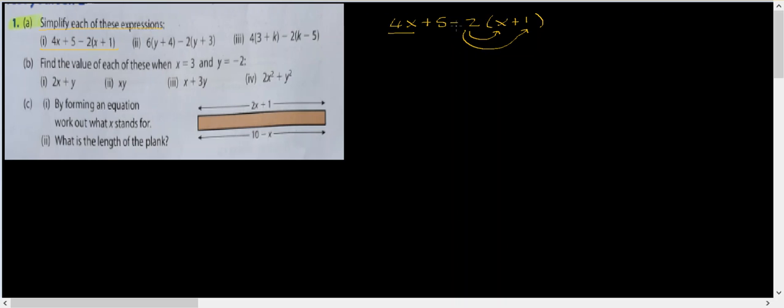So minus 2 multiplied by x. I'll do the calculations on this side, and then I'll write down the simplified expressions on the other side. Okay, let me do that a little bit better.